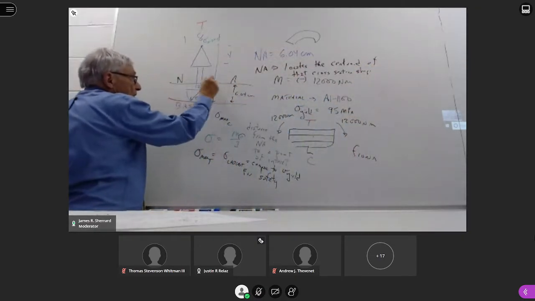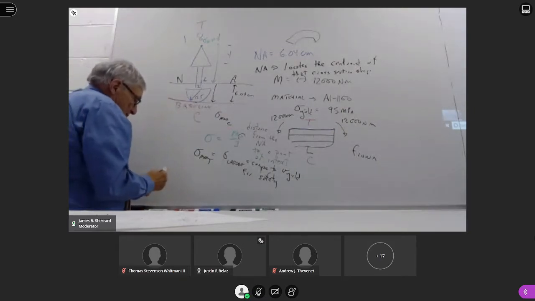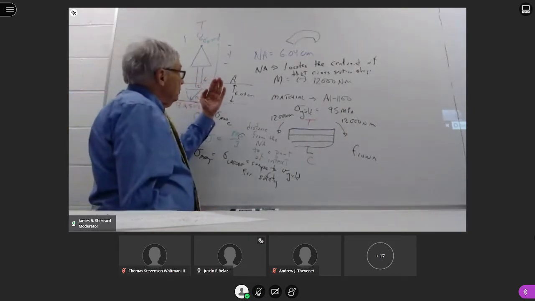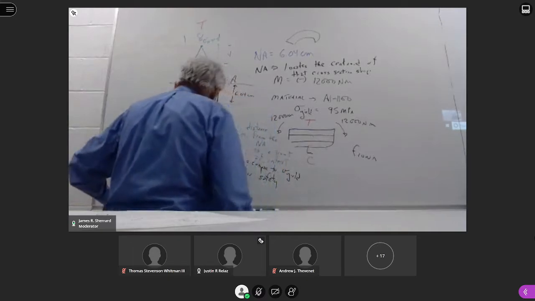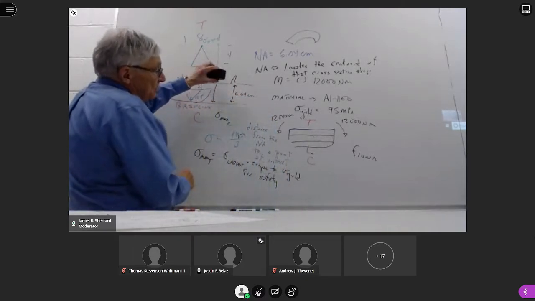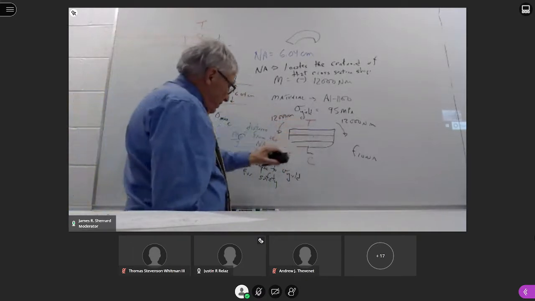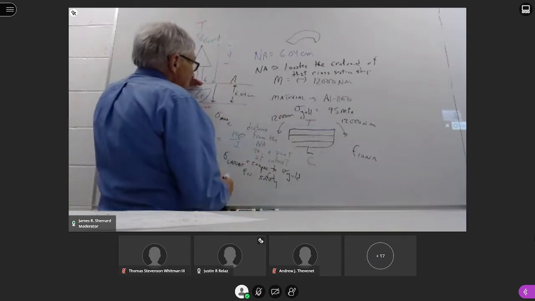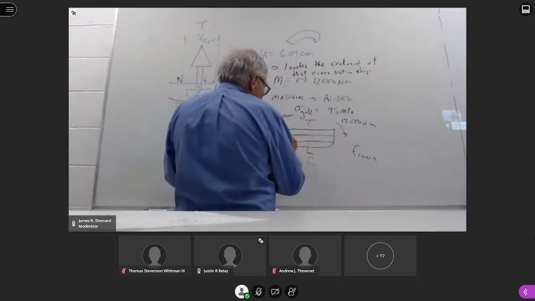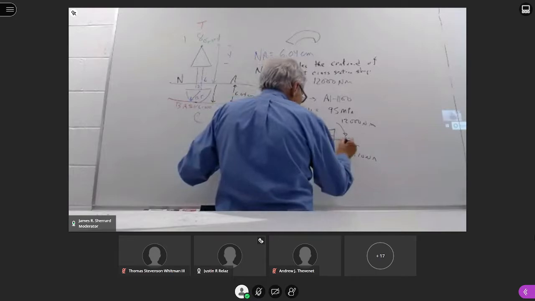So the centroid is along this neutral axis. When we turn this sideways, so that you're looking at it in this view, remember this neutral axis will also show up here.